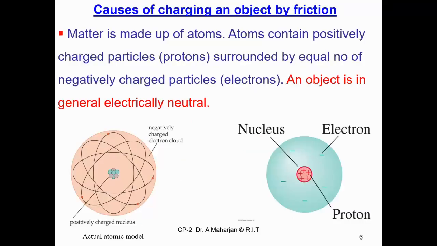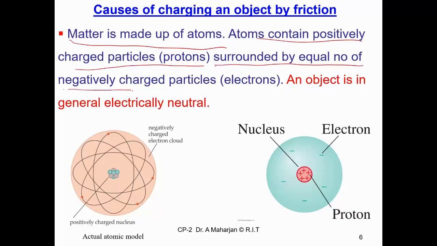Now back to the main problem. What causes static electricity? What causes the charging? It has to do with the atomic structure actually. Matter is made up of atoms, and atoms contain a positively charged nucleus, because of protons, surrounded by an equal number of negatively charged electrons.